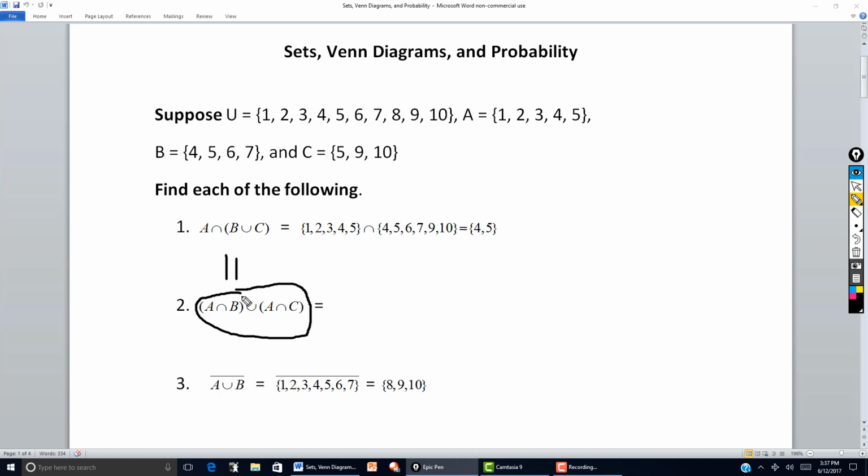If you find the intersection of A and B, find the intersection of A and C, and then take the union, you're going to get the same answer. So go ahead and pause the video and compute that out just to confirm that you do get the same set.